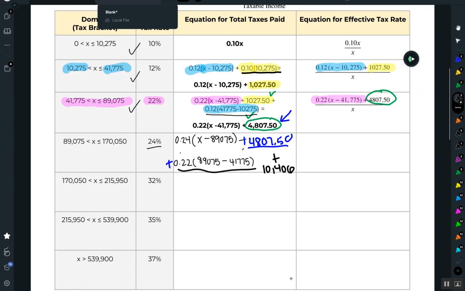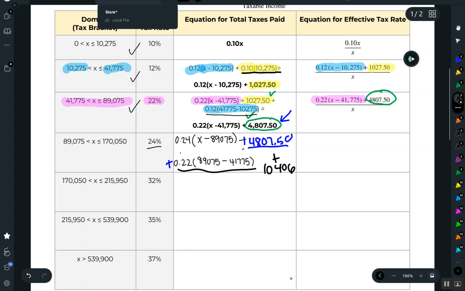Wait, I didn't multiply it times 22%. There are a lot of calculations here. Let me do that again. 89,075 minus 41,775 times 0.22. Okay, I had it right. I don't know why I doubted myself.